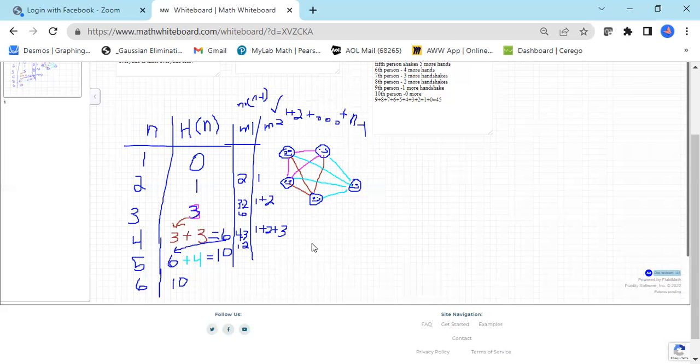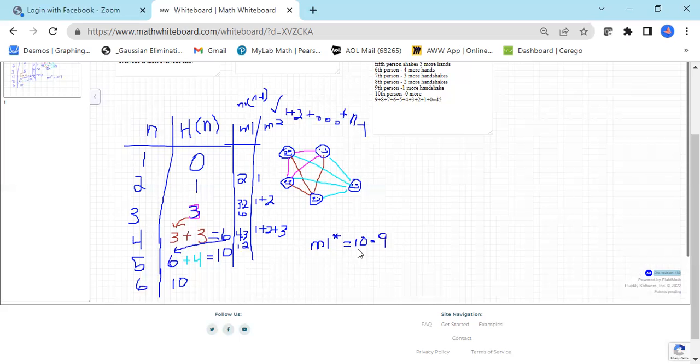So we do method 1 star. It means you take all the people, and we'll do it with 10 first. Take all the people, and each person shakes hands with everybody else, so 1 less than the number.